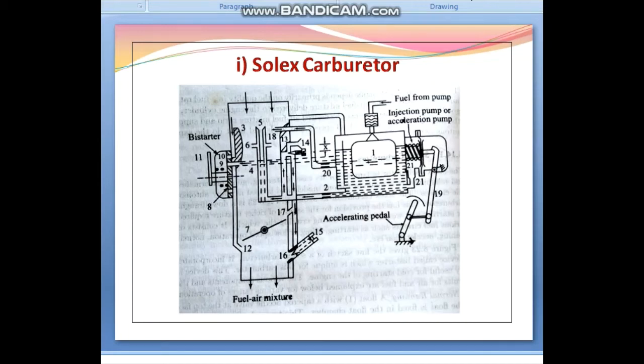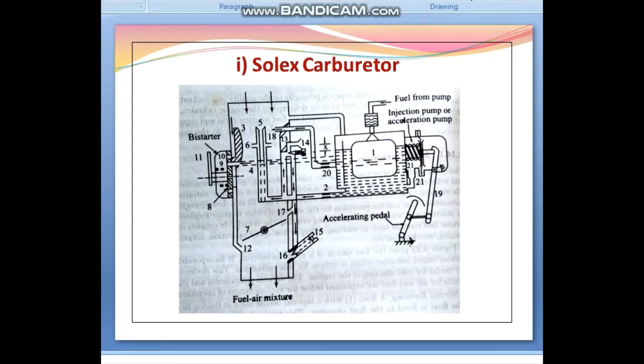So now the idling and slow running. From the well of the emulsion system, a hole leads to the pilot jet, that is number 13. During idling, the throttle is practically closed, and therefore the suction created by the engine on the suction stroke gets communicated to the pilot jet.